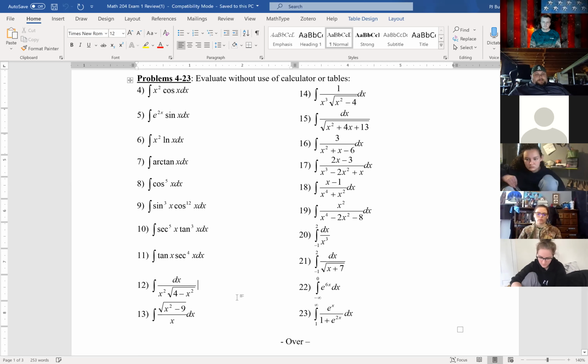Let's see. How would you solve 18? Partial fractions. That's a partial fraction decomposition. Okay. What about 13? How about somebody else chime in?